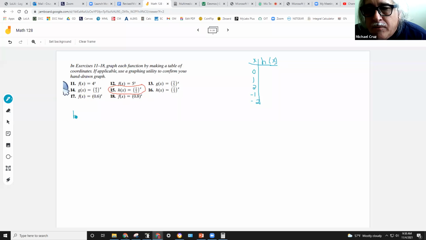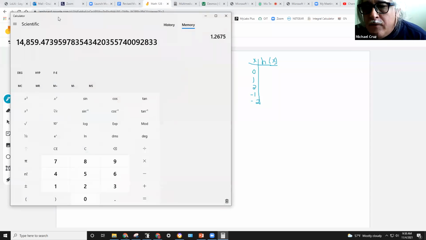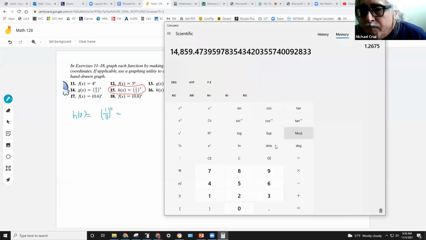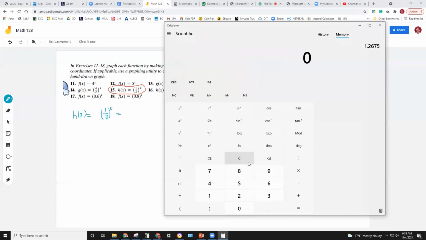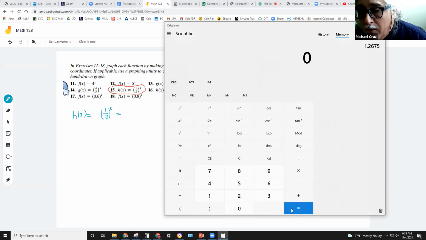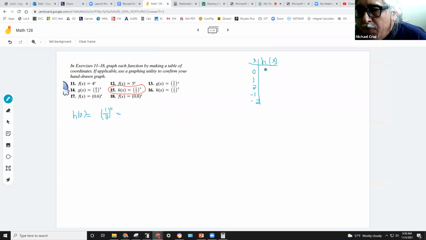So h of 0 is equal to 1/2 to the 0, which is equal to what? If you don't quite know it, then let's watch. Is that 1? Yeah, because all of them are going to go through (0, 1). So if you put in 0.5, which is 1/2, and you raise it up to 0, you get 1. All right, so that's kind of a free point.